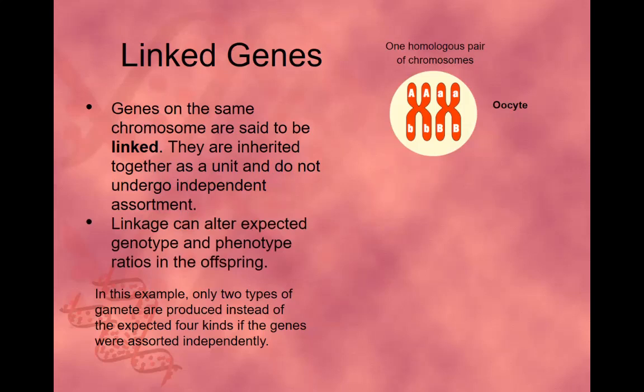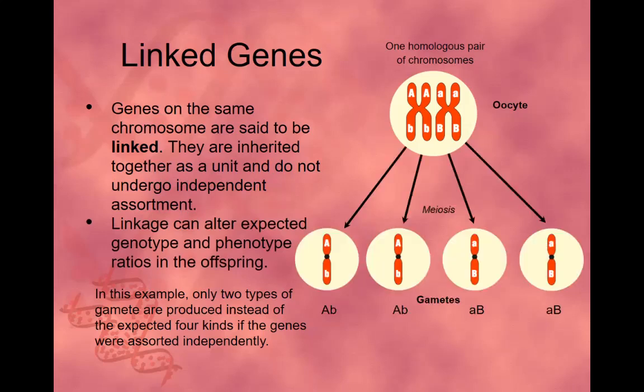The only time that this doesn't happen is as we form gametes through meiosis, if you have a crossover mutation. If you have a crossover, you're not necessarily going to get the exact same combination that you see here, where you have big A with little b and little a with big B. You could get other combinations depending on where the crossover occurs and how the body does or doesn't correct it.